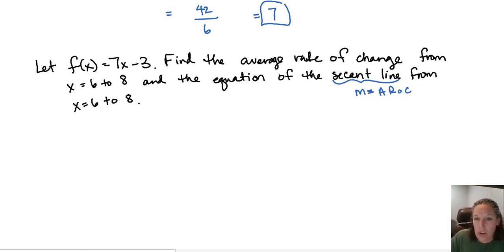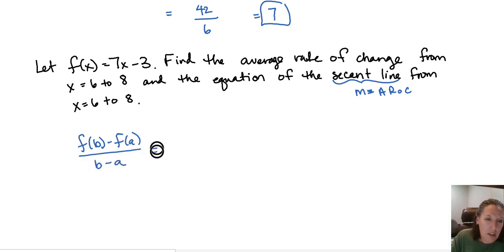So in order to find the equation of a line, we have to know two pieces. We have to know a point, and we have to know the slope. The way we find the slope is we plug in f of b minus f of a over b minus a, where here I'm going to let a be my 6 and b be the 8.